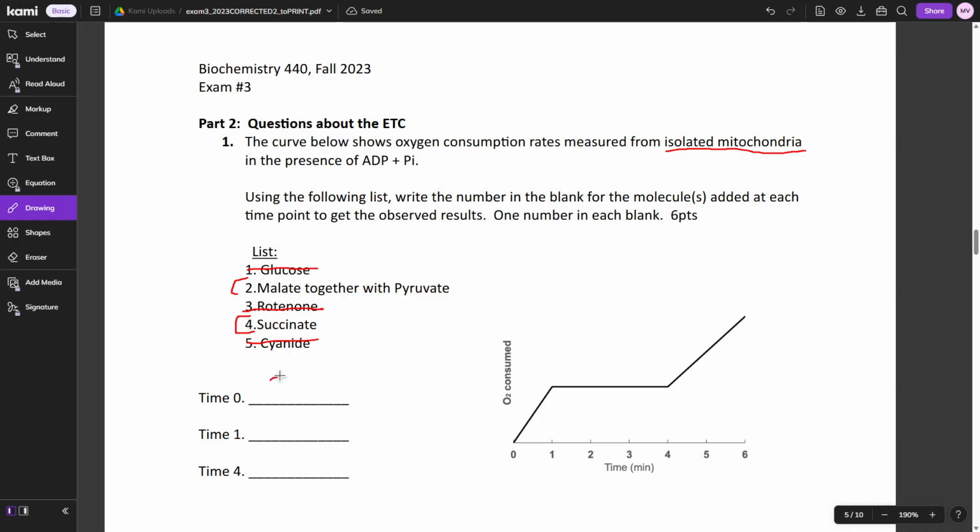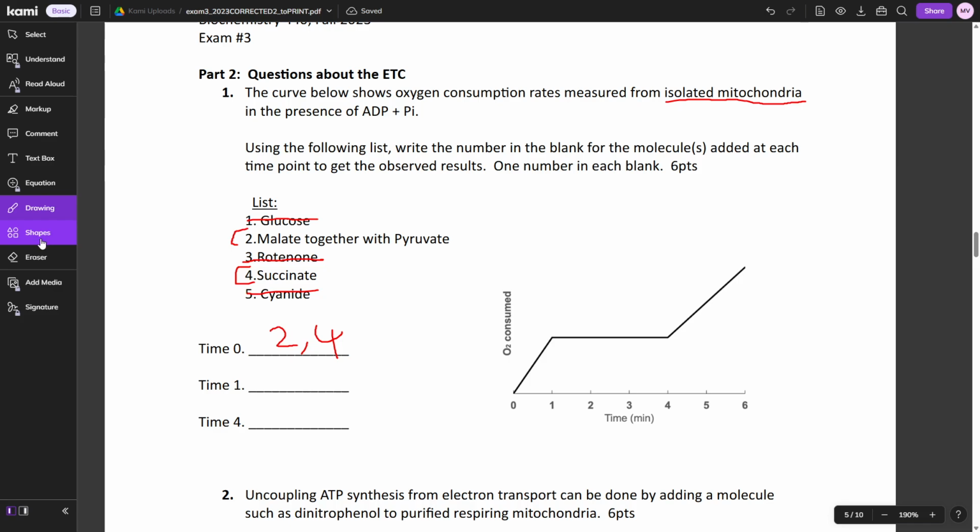So we know it's either 2 or 4. I'll put 2 or 4 for now. So at time 1, we have now entered this state. We have no O2 consumption. So what does that mean? There's no O2 consumption. So it could be cyanide. So we know it has to be an inhibitor, right?